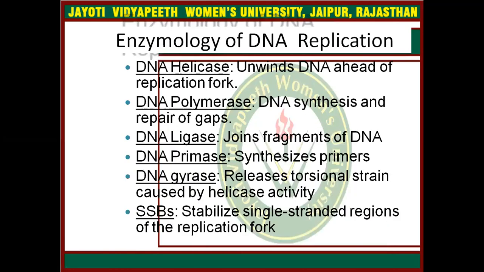Enzymology of DNA replication. We need DNA helicase, which unwinds the DNA ahead of the replication fork, and DNA polymerase, which creates DNA synthesis and repairs the gap. DNA ligase joins the fragments of DNA. DNA primase synthesizes primers, and DNA gyrase releases torsional strain, meaning the supercoiling caused by the helicase activity.